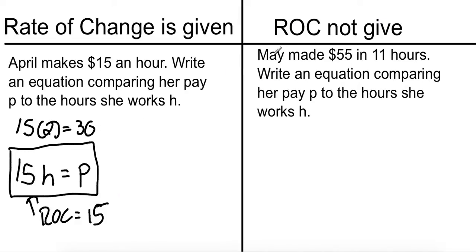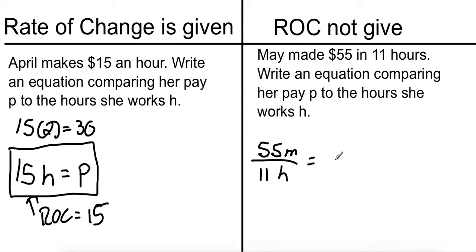In this story, we have that May made $55 in 11 hours. So we don't know the unit rate, we don't know the rate of change here. All we know is that she made $55 in 11 hours. So this is where we might need to use a proportion in order to figure out exactly how much money that they're making.